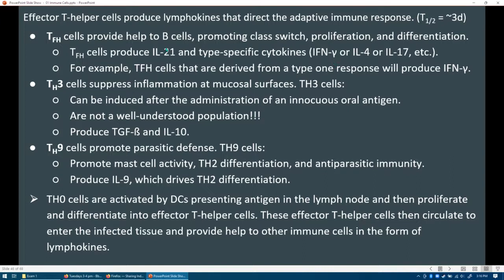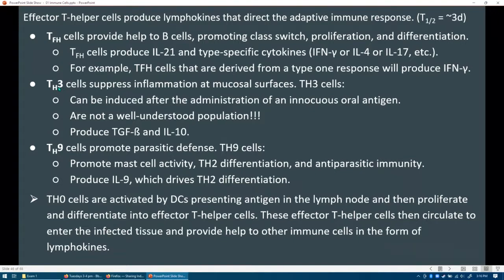They sort of mirror the response that's being promoted. But you're going to get some of these regardless of what response there is. If it's a Th1 response, you'll be making TFH cells that are making IL-21 and interferon gamma. If you're promoting a Th2 response, the TFH cells are making IL-21 plus IL-4 and probably some other Th2 associated cytokines like IL-10.